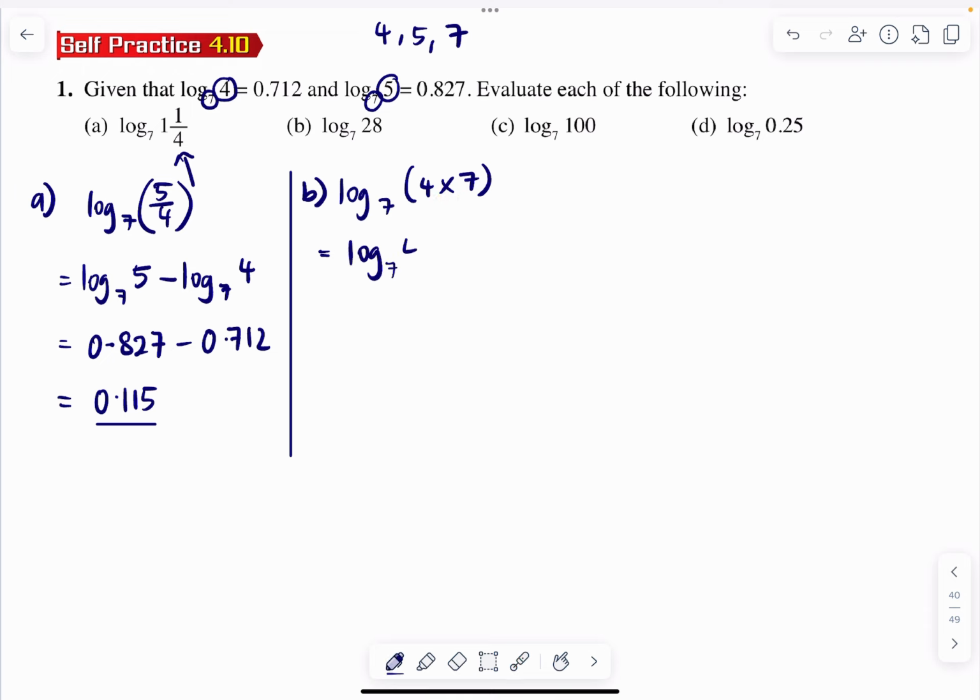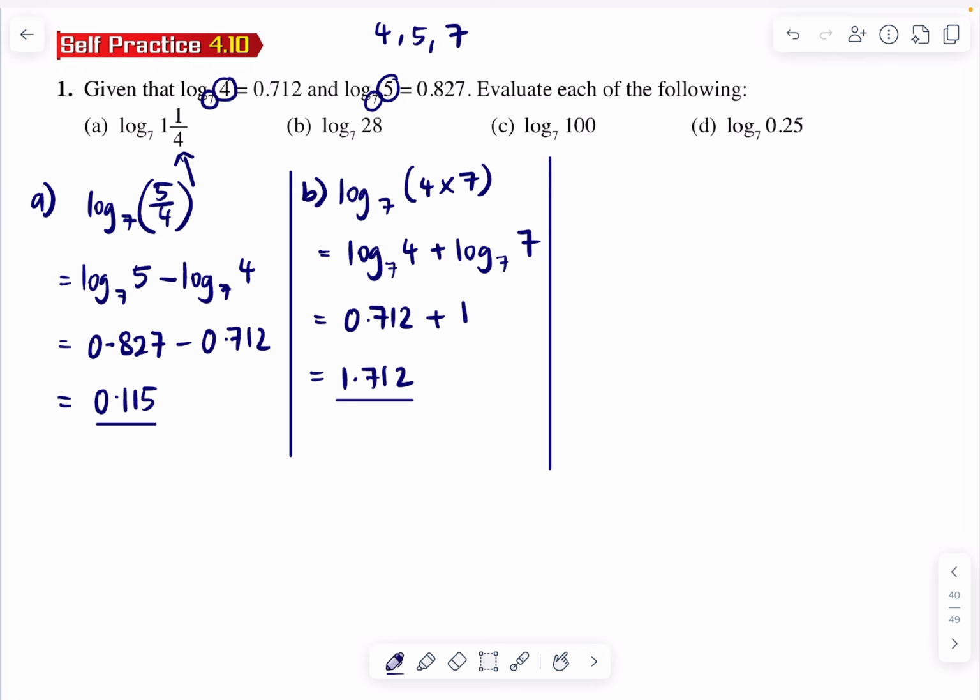So log 7 4 plus log 7 7. So log 7 4 we already have 0.712. Log 7 7, if these numbers are the same, it will become 1. Log 7 7, log 8 8, log 9 9, log 1000 1000, doesn't matter. You'll just get 1. So if you add, you get 1.712. Done.